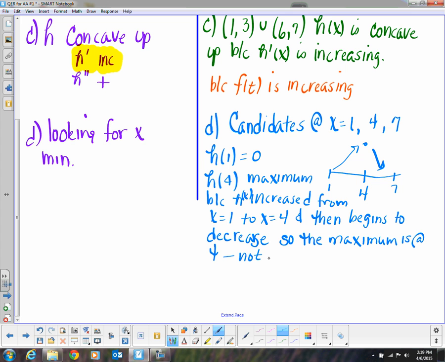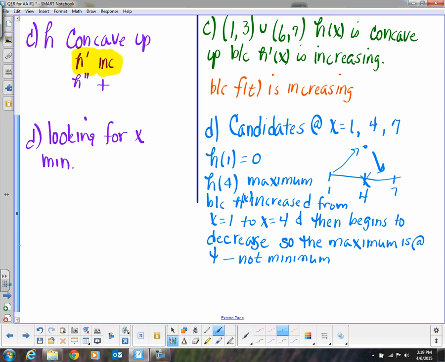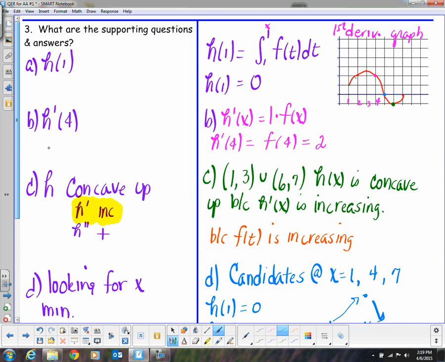All right, so we have determined that it's not 4. So now the minimum is either at 1 or it's going to be at 7. Now think about this. The area under the curve is much greater from 1 to 4 than it is from 5 to 7. Actually, I think I did this wrong. 1, 2, 3, 4. This is 5. No, that was right.